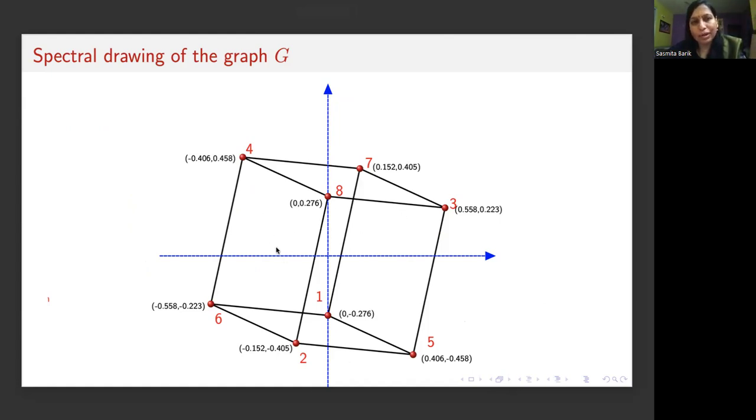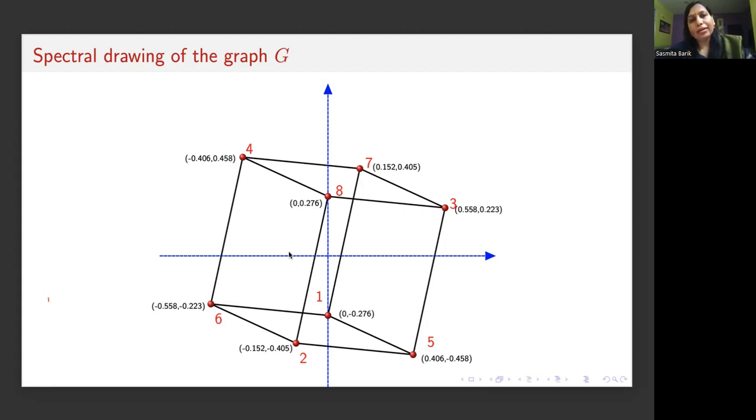But if you take more vectors, you can also do it in a surface, like in more dimensions. You can see this picture is obviously much better than the earlier picture. If I look at that graph and this graph, this is a better drawing.